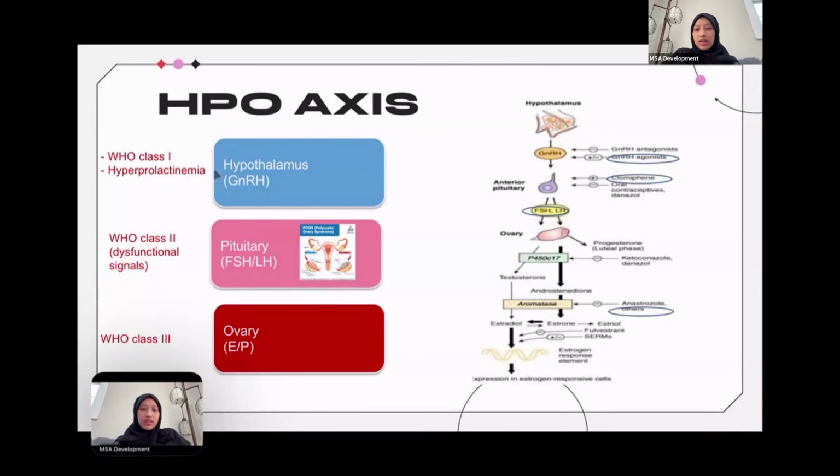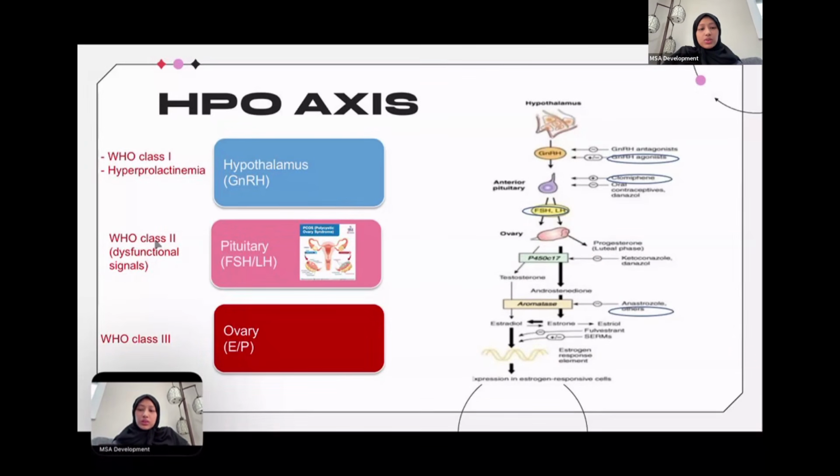Too much secretion of prolactin from the anterior pituitary is going to cause suppression of the hypothalamus, right? And the hormones in general. So that is class 1, and this is separate on its own.